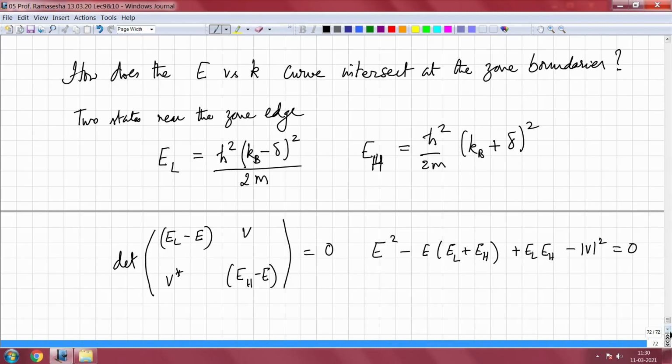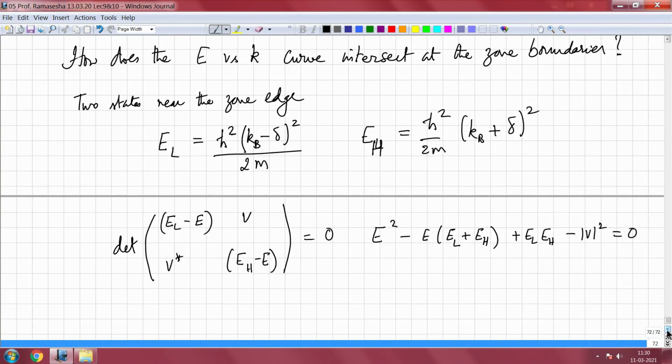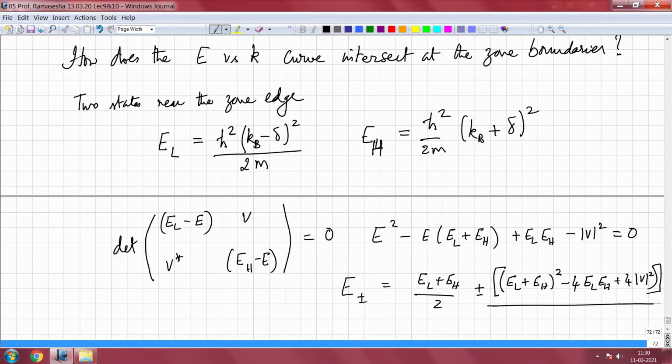Well, the solution for this one is just given by E plus minus is equal to (EL plus EH) by 2 plus minus the square root of (EL plus EH) squared minus 4 ELEH plus 4 modulus V squared, divided by 2.